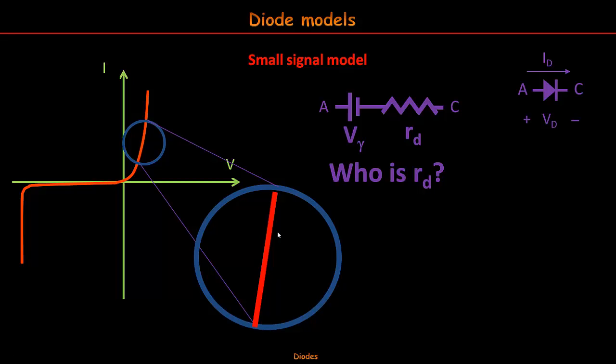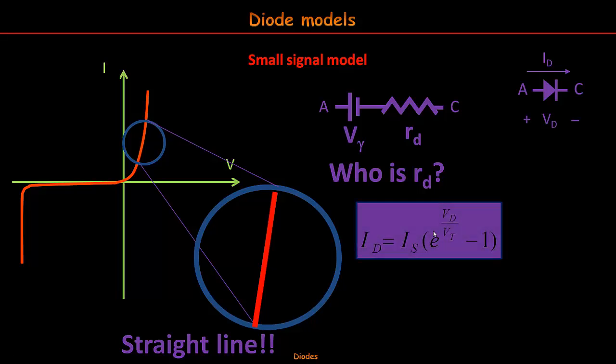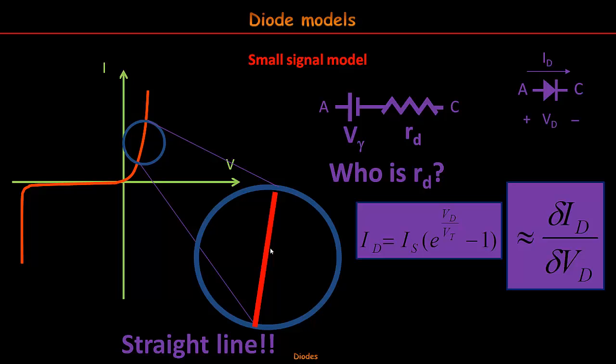At this magnification, the exponential is very similar to a straight line, isn't it? We can assess an equation for this straight line. We are at a certain point, we are identifying a straight line with a slope in this equation, so this slope is, of course, the derivative of the exponential equation at this very bias point, the tangent line at this point. But this relationship current voltage as a straight line is the same as in Ohm's law.